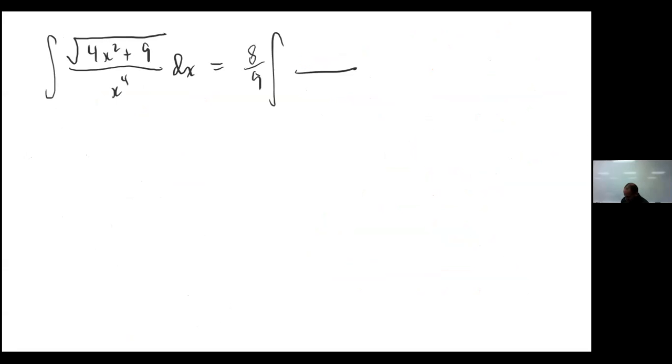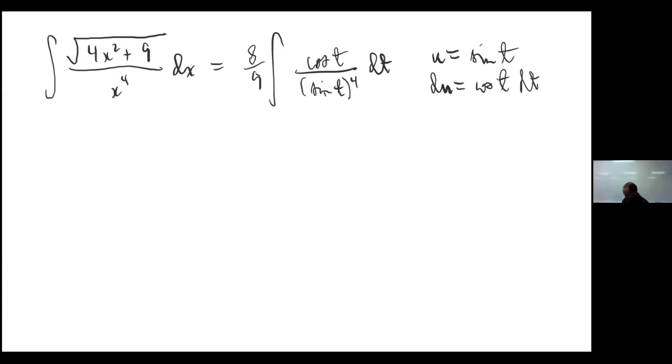Cosine of t, and to make it totally obvious, I'll write this as sine of t to the 4th dt. And we're going to put u equal to what? U is sine of t. Du is cosine of t dt, which is really nice. And so this is going to be 8/9 the integral of u to the -4 du.